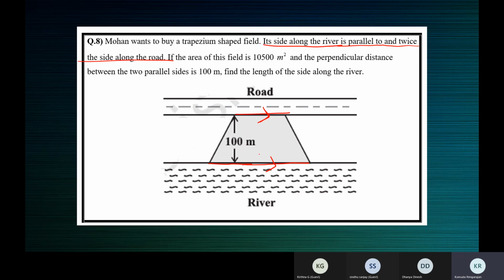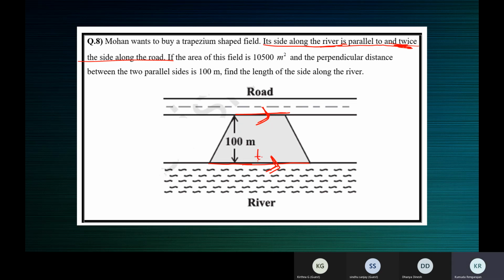So these two sides are parallel. The side along the river is parallel to the side along the road. That's one thing. And then this one is twice. So that means this is double.